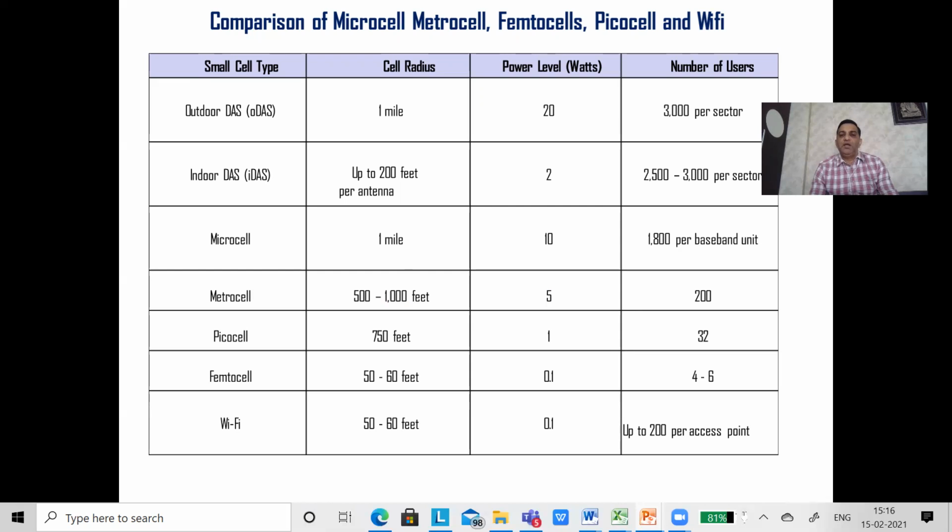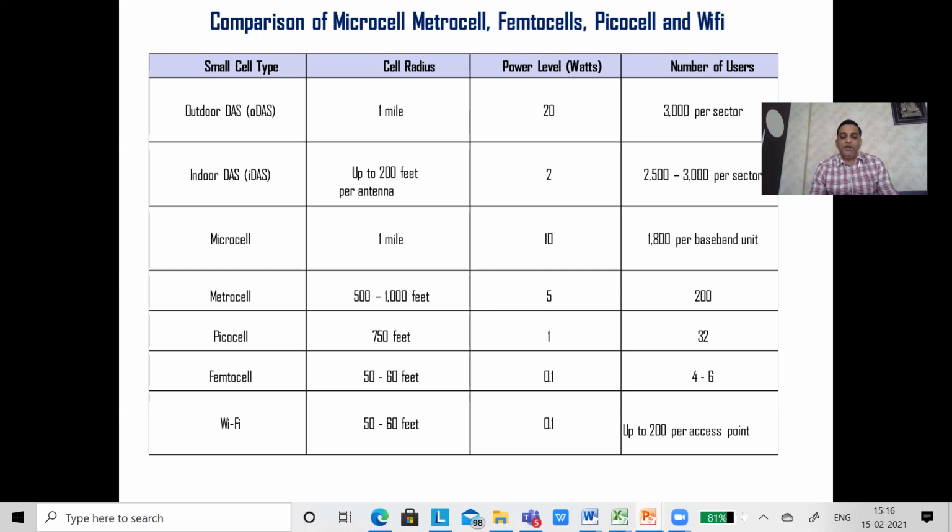This is specifically the transmitted power level, and the number of users that the small cell type will support. The first two are basically the distributed antenna system, which is also called DAS. There are two types of distributed antenna system. One is outdoor and the other one is indoor.